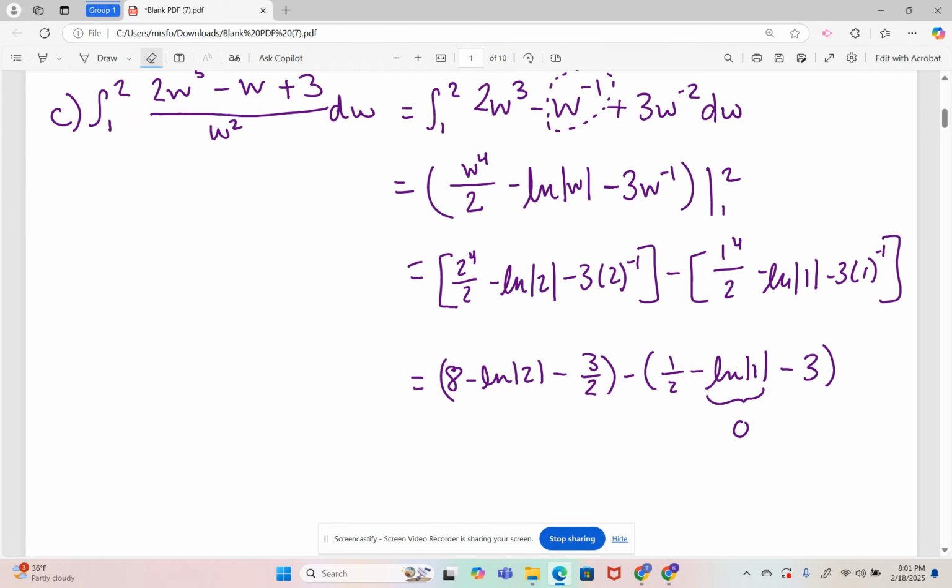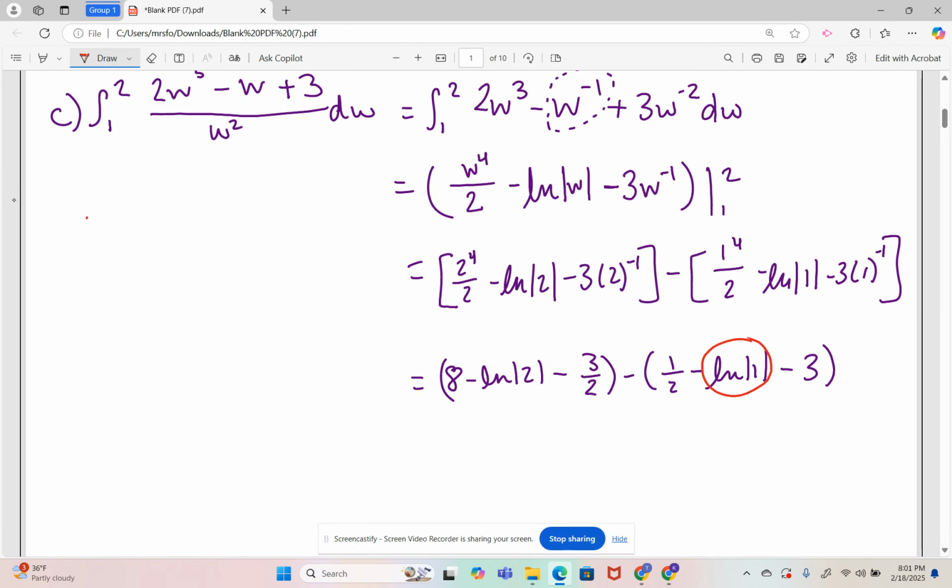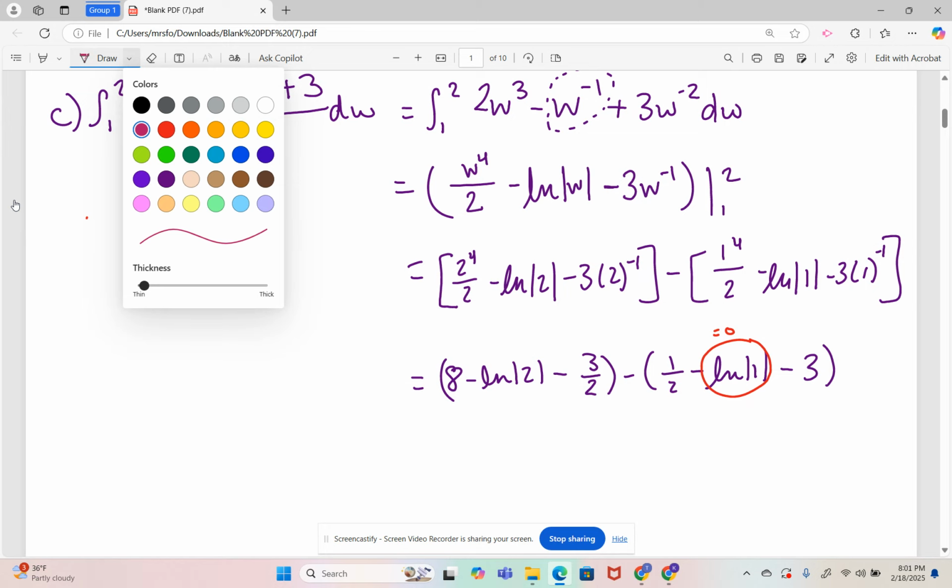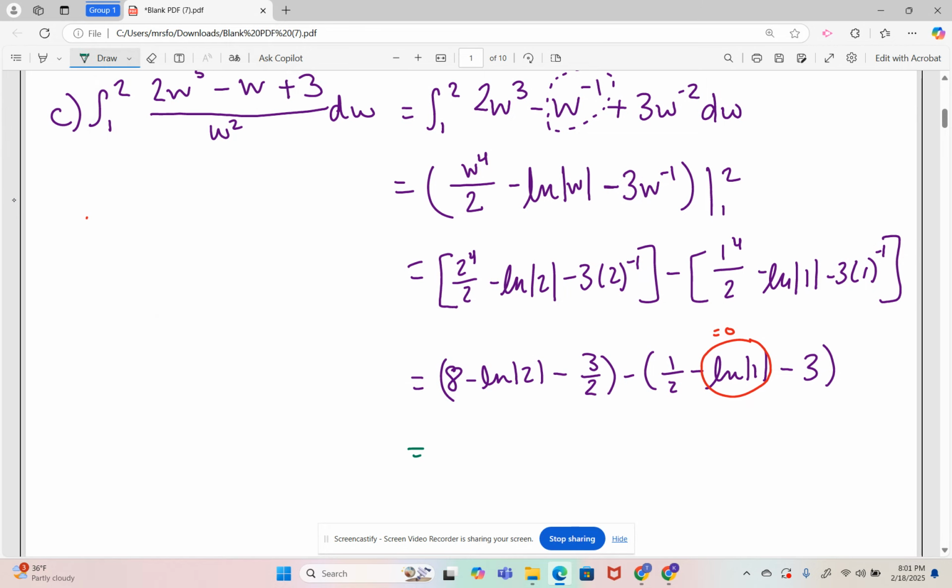So if I know natural log of 1 is 0, that is just going to be, we can add all of our constants. So we add 8 minus 3/2 minus 1/2 plus 3.